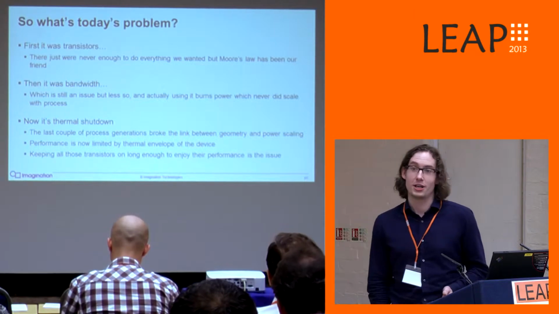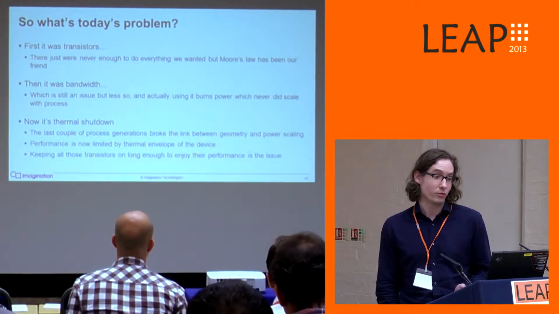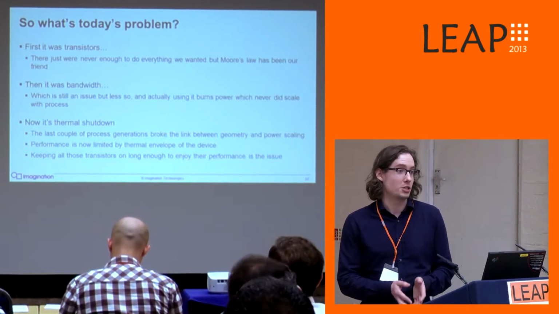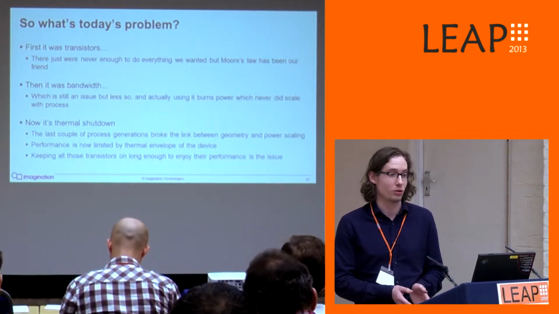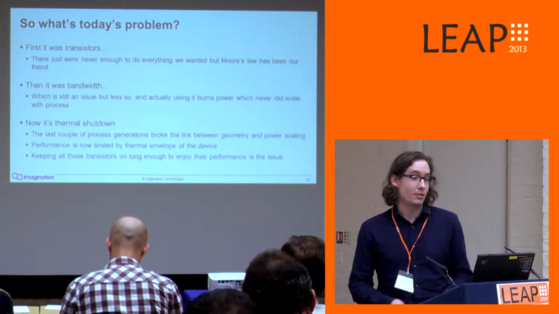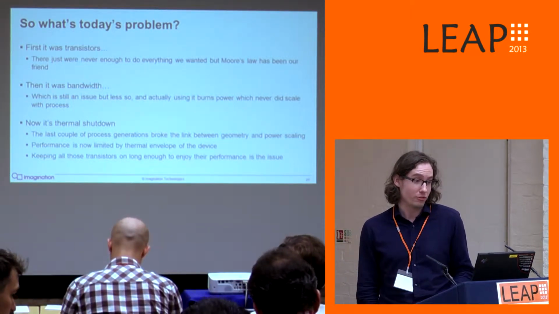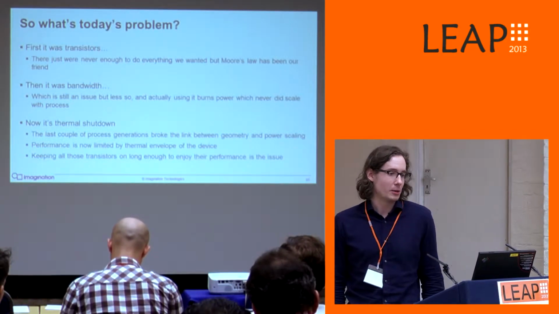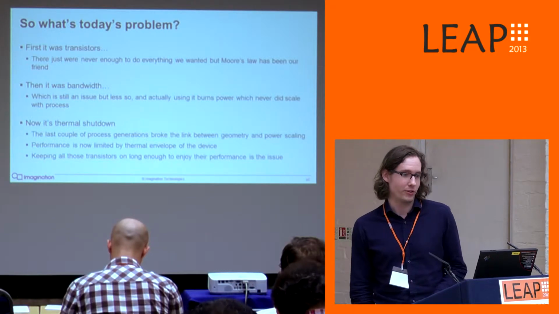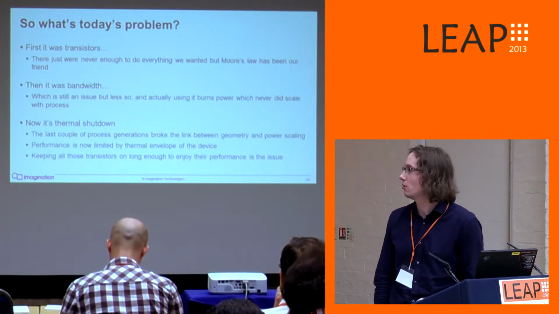So power is today's problem. In the past, first it was transistors, so you just didn't used to have enough transistors to get all the functionality that you wanted, but Moore's law has been our friend. And then after that, there were issues with bandwidth, but thankfully, again, we've been able to design higher bandwidth memory interfaces through improving DRAM technology.